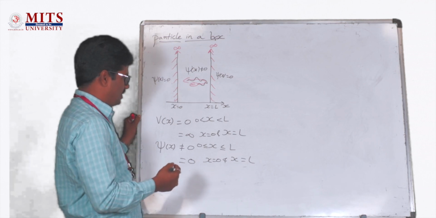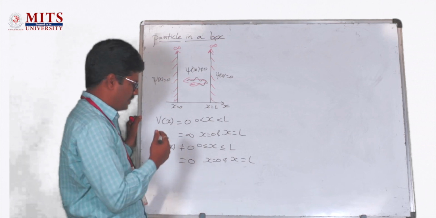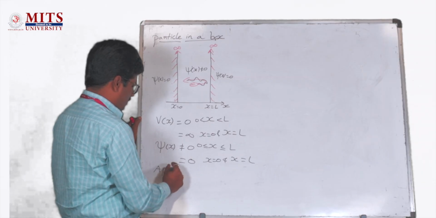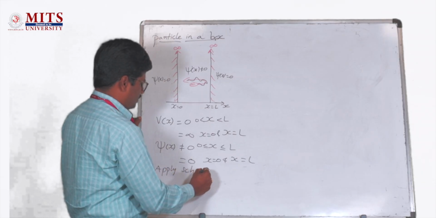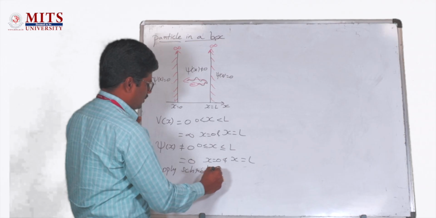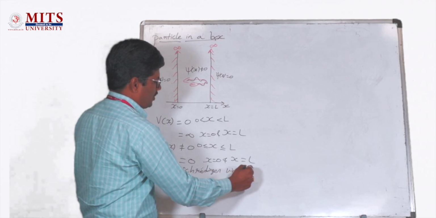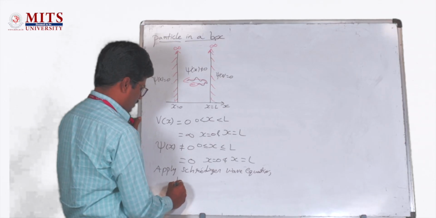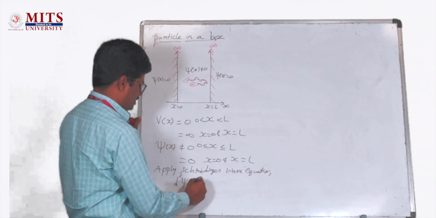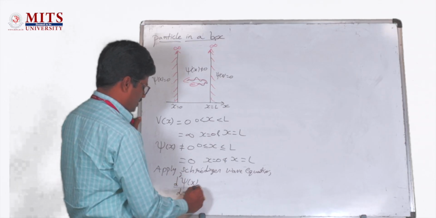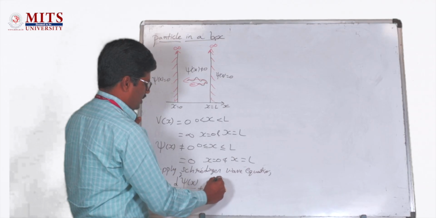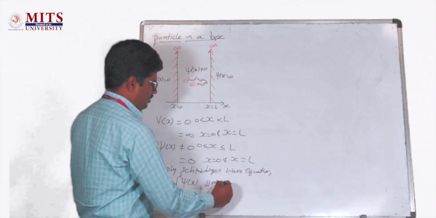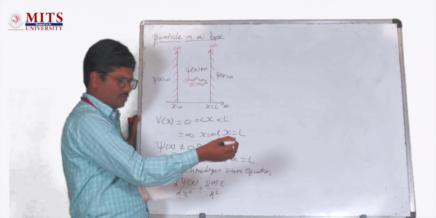So let us see how to apply the Schrodinger wave equation to this. We apply the one-dimensional, time independent wave equation: d square psi of x by dx square plus 2m by h cut square, times E minus V of x, times psi of x, equal to 0.